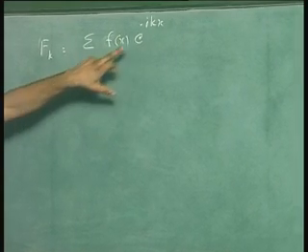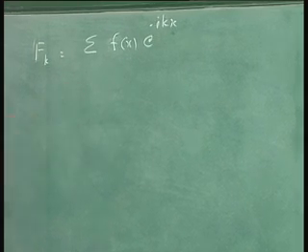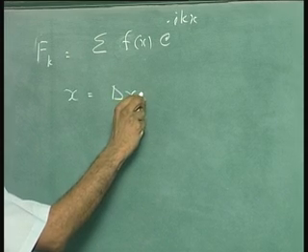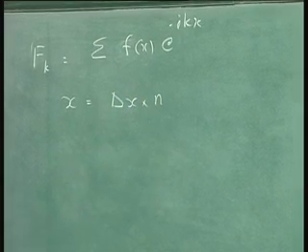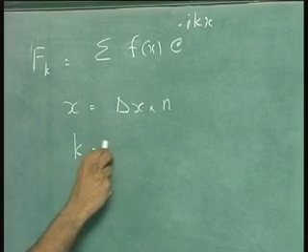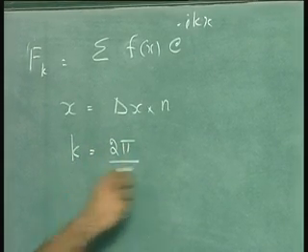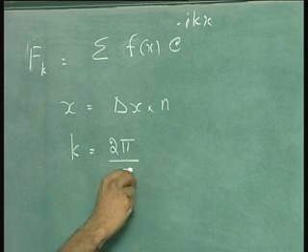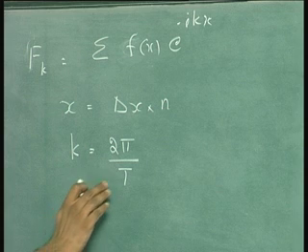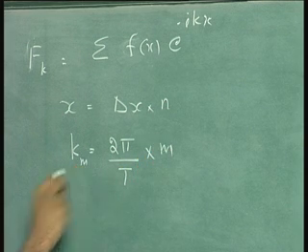Now we have replaced the x. We are going to write x as some delta x times n. Similarly, our k value is 2 pi divided by whatever the interval is. Let's say T is the total interval, and 2 pi by T multiplied by some m is our km.